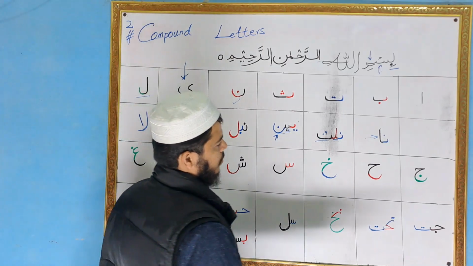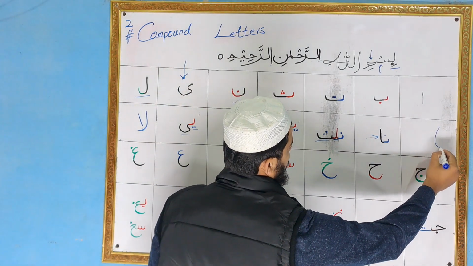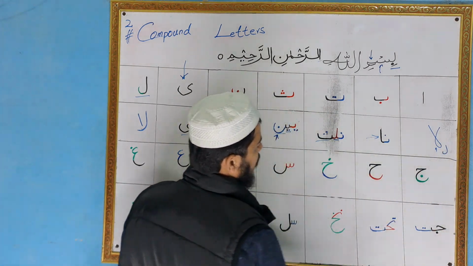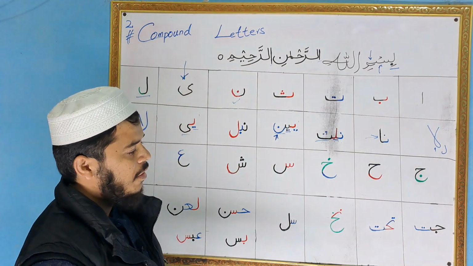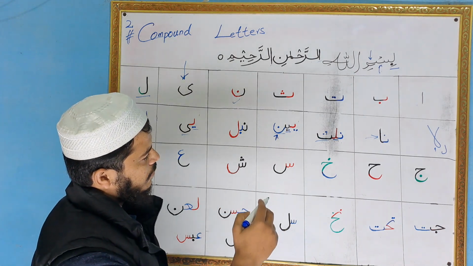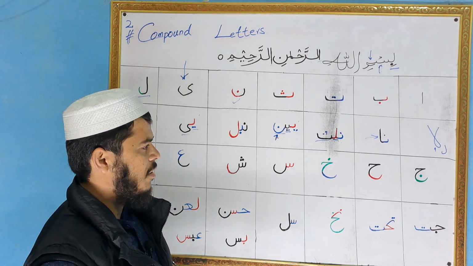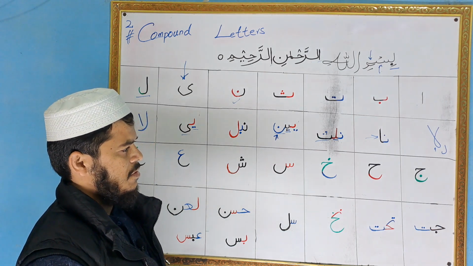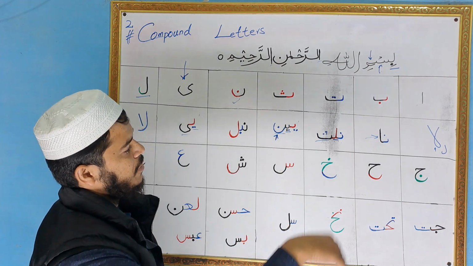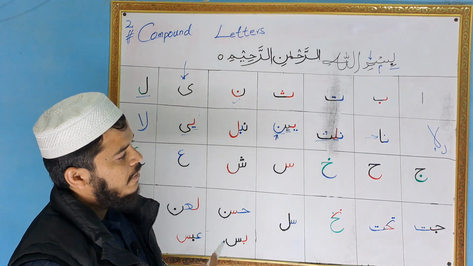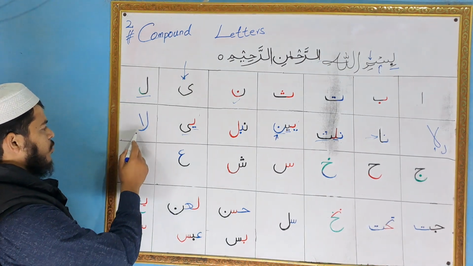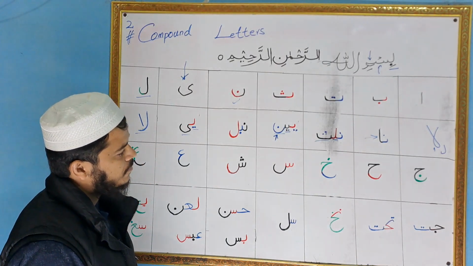And one weird shape about lam alif: it's like the bigger shape of the ha letter. So this one will be considered as lam alif. You can say it's a special shape of lam alif. Whenever you see this shape, a bigger shape of ha, it will be considered as lam alif. But mostly we see it in this shape.